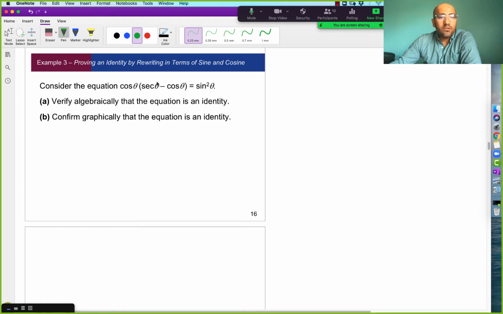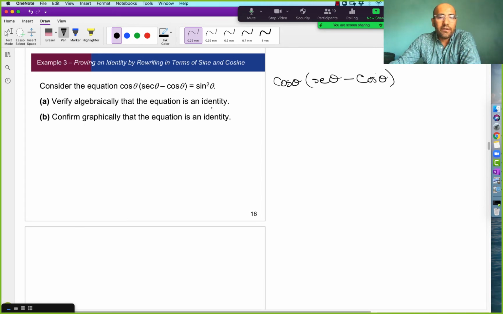You want to reduce, cancel, and somehow manipulate this side to make it look like that.